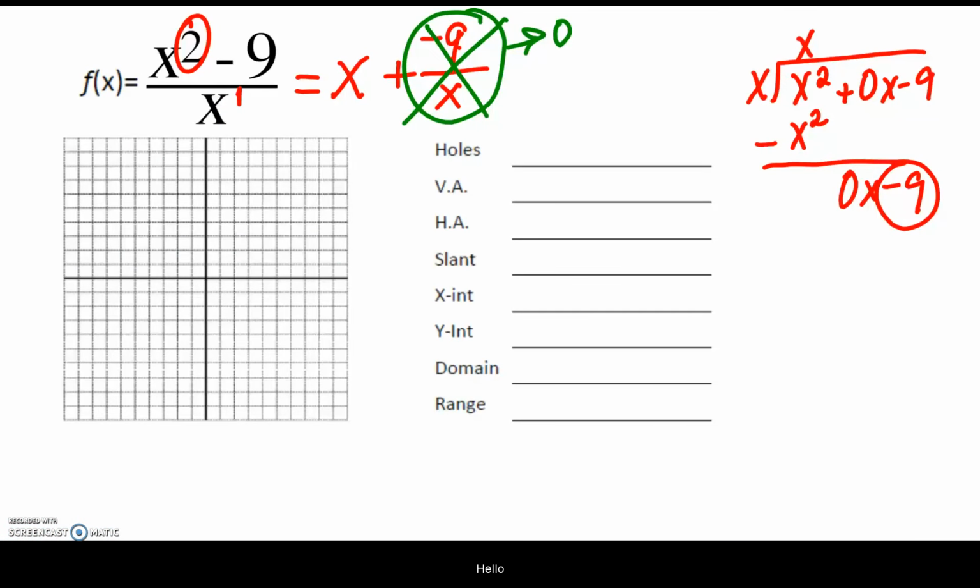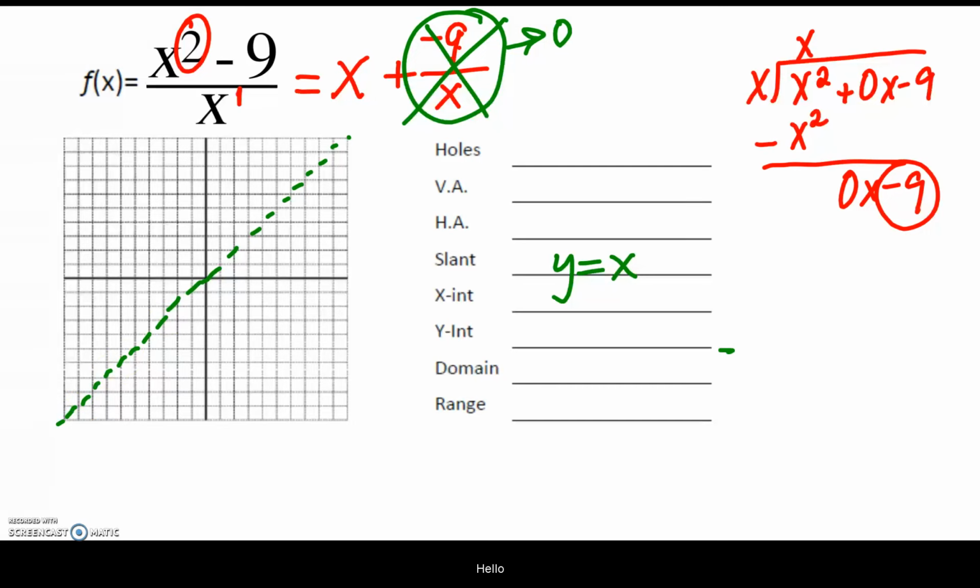So what you are looking at for your slant asymptote is just this quotient here, which is the line y equals x. That's my slant asymptote on this one. So let's go ahead and graph that. And hopefully you're doing a better job with a straight edge or something, but that's about as good as I can do here.